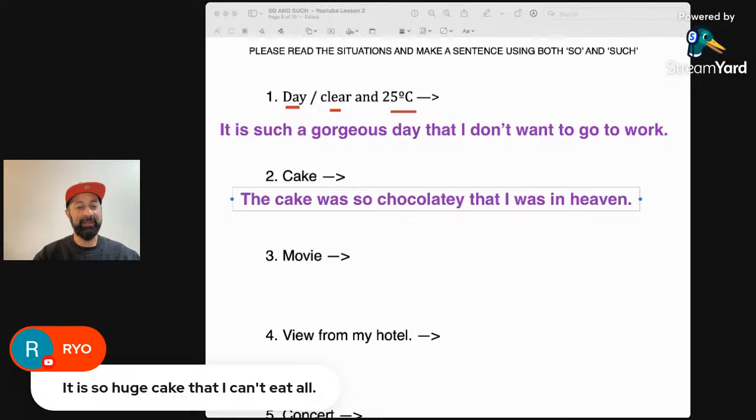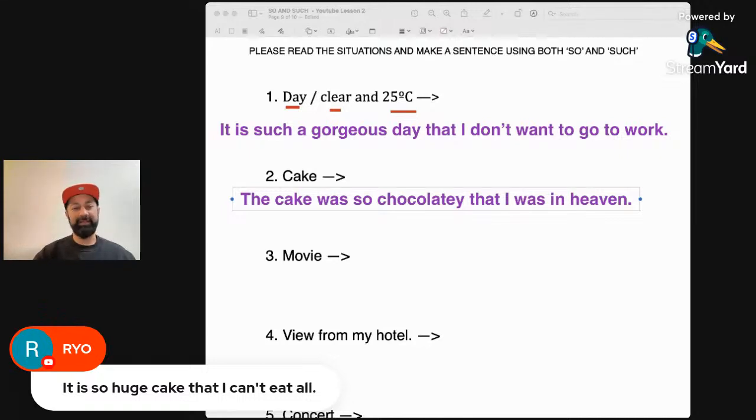Dio has an answer. "It is so huge cake that I can't eat all." Okay, so in this one here, because you've got cake in the middle, that's your noun. So we need to have such. It is such a huge cake that I can't eat it all. Because you have cake, definitely you need to add the word such, not so.